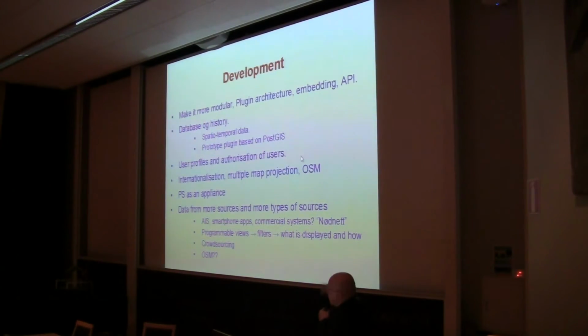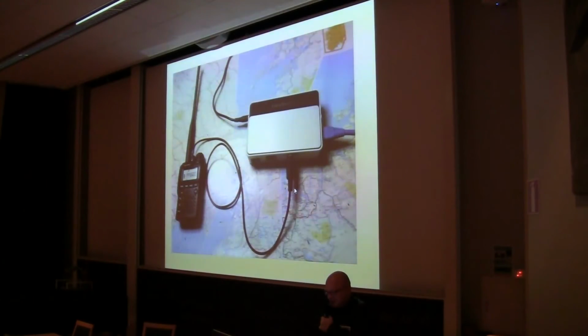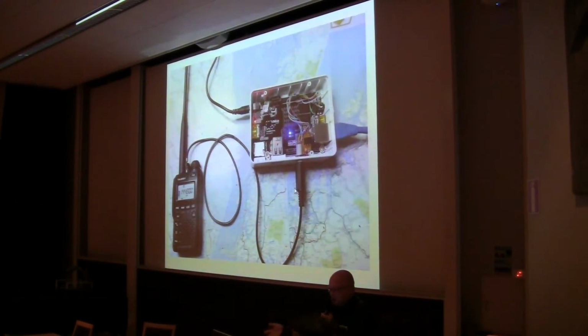Being able to use OpenStreetMap in the system is interesting. I'm working on this just now, using different kinds of data. We are going to work with Nødnett, the Norwegian emergency network, and also using hardware like the Raspberry Pi, or this QB board.